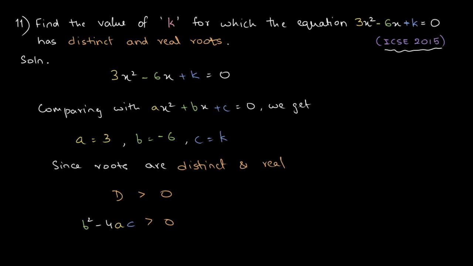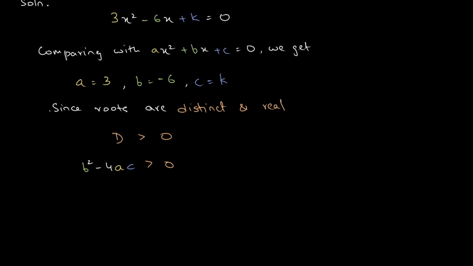So let's substitute our values of a, b, and c here and solve the inequality. b squared is minus 6 squared, minus 4 into a, which is 3, into c, which is our variable that we need to find, k. And that value is greater than 0 for distinct and real roots.